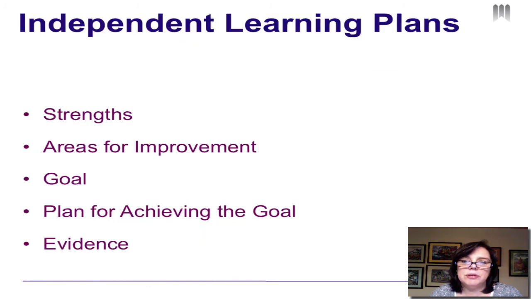For the independent learning plans, there's a form that the students will turn in. It covers their perceived strengths, their perceived areas of improvement, a negotiated goal that they've come up with you, a plan for achieving the goal, and how we are going to know. What is the evidence for achieving that goal?